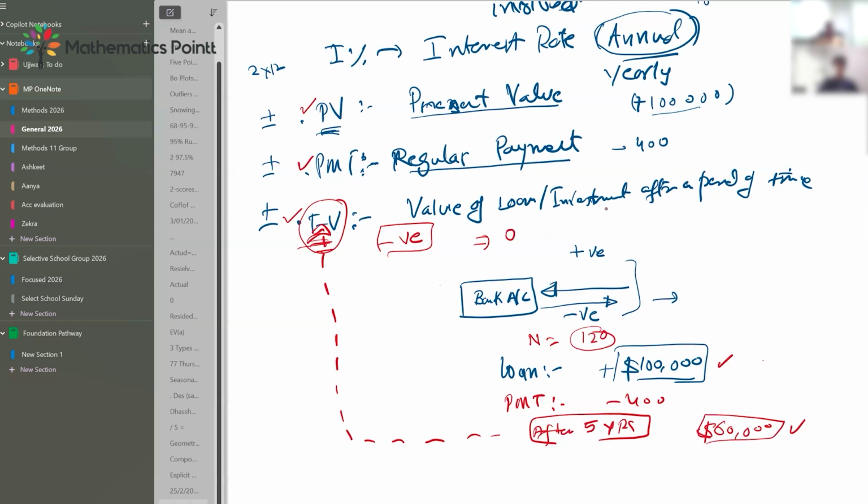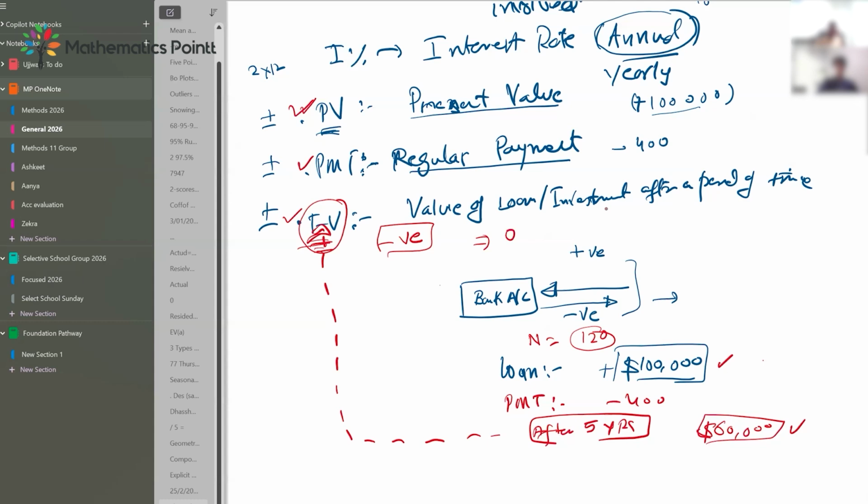So the goal of a loan scenario is getting future value to be zero, paying down your loan. So future value will always be opposite of the present value. In a loan scenario, present value is positive, future value will be negative or zero.